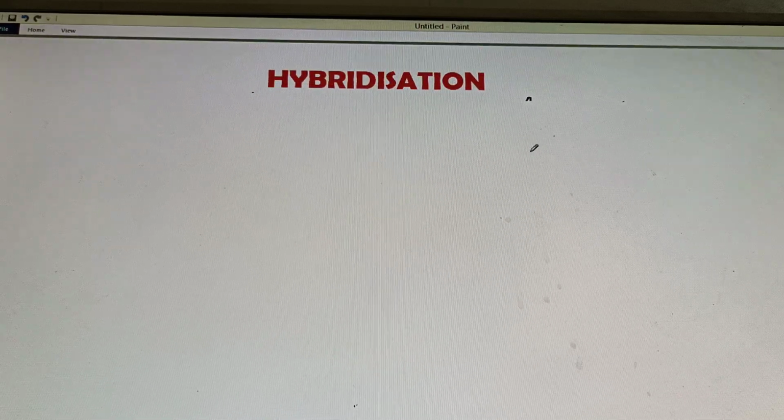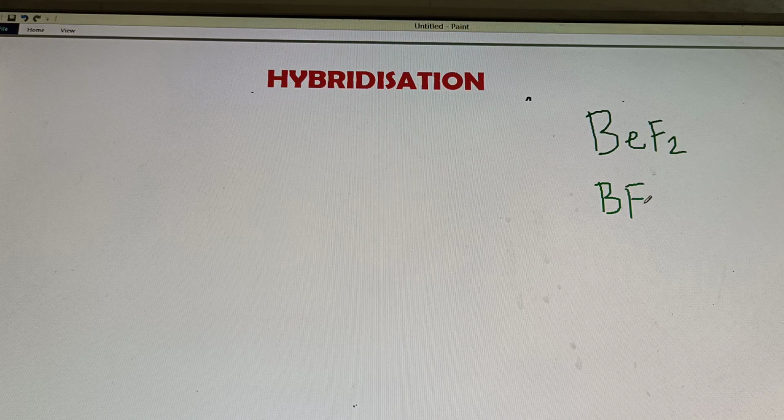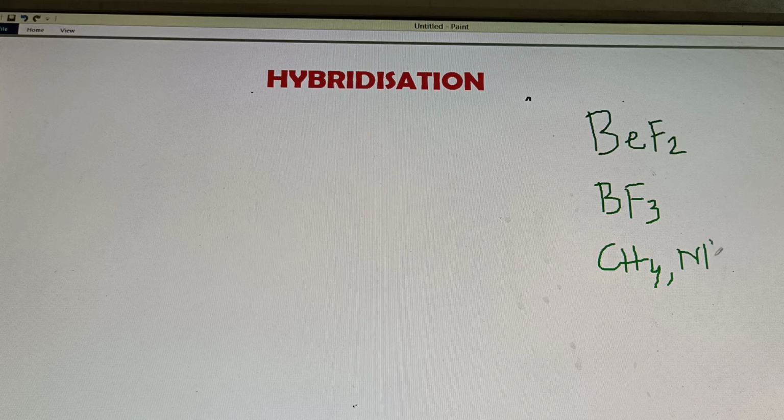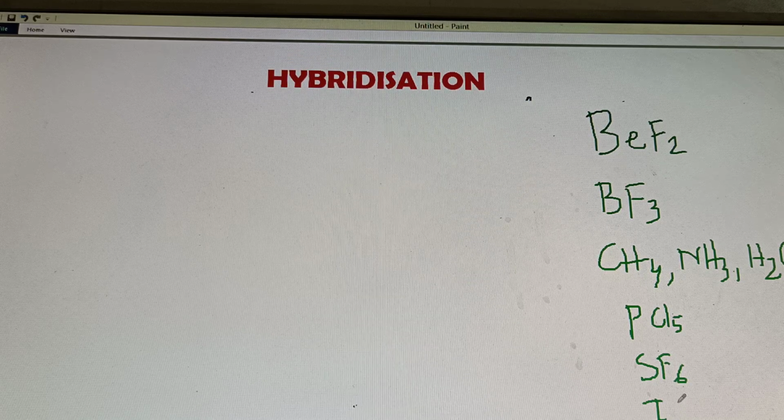Suppose molecules are given here: beryllium fluoride, BF3, CH4, ammonia, water, PCl5, SF6 and IF7.